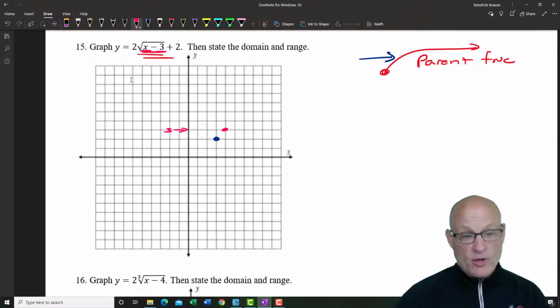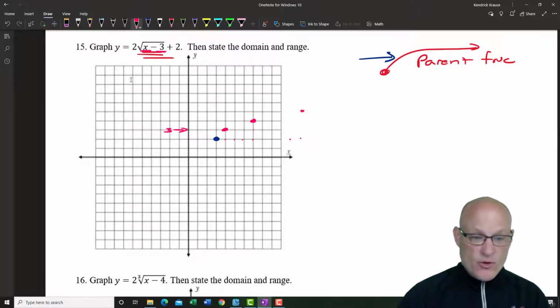So normally I would go to the right 1 and up 1. Normally I'd go to the right 1, 2, 3, 4 and up 1, 2. And then the next one I'd go 9, and I will go up 3. So this is normally what the square root would look like.